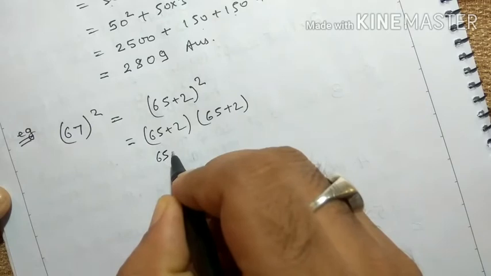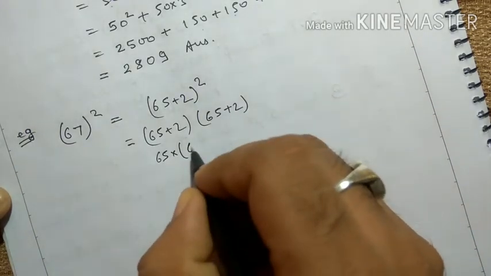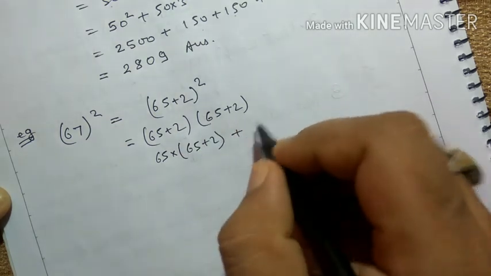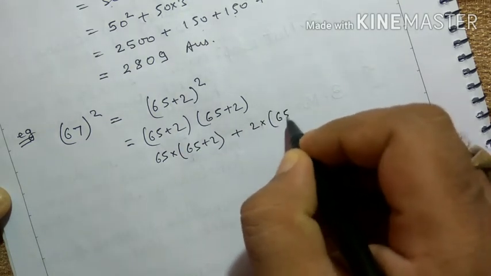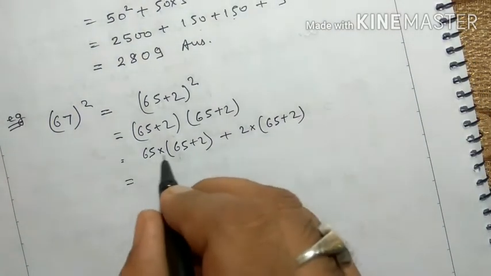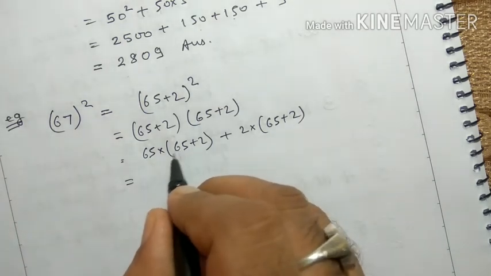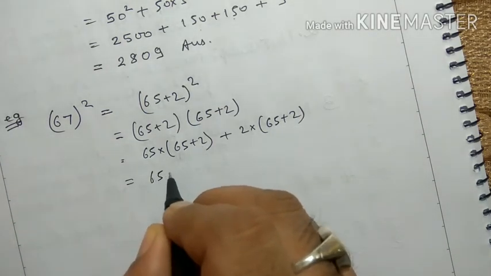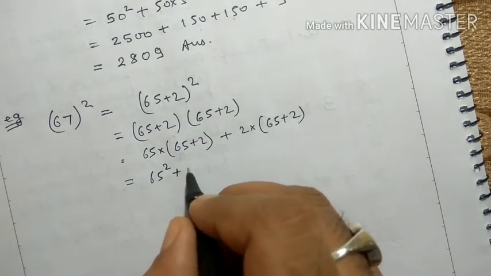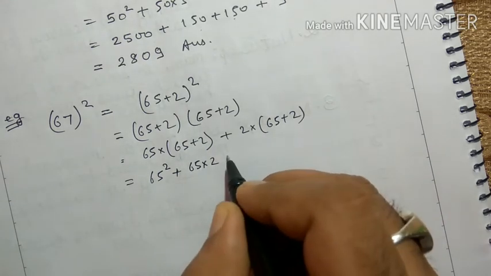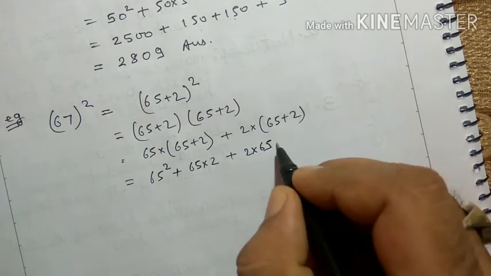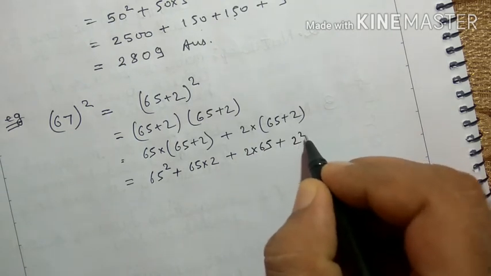So 65 into (65 plus 2), and this 2 is multiplied with this whole bracket, so 2 into (65 plus 2). Then again we open these brackets, and 65 is distributed over these two numbers. So 65 into 65 is 65 square, plus 65 into 2, then plus 2 into 65, and 2 into 2 is 2 square.